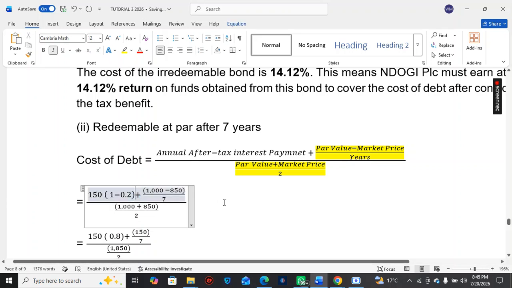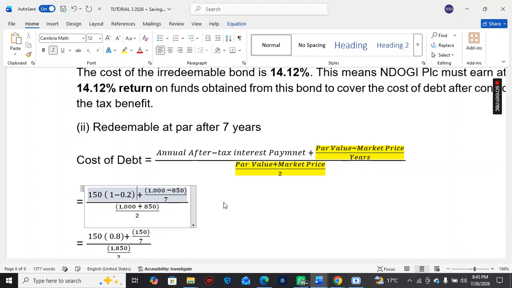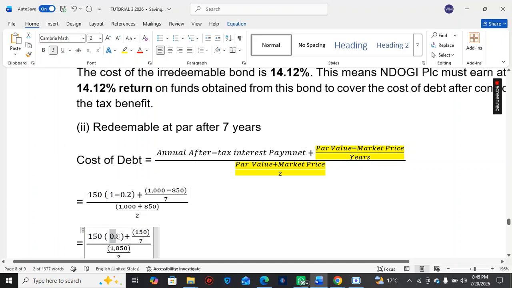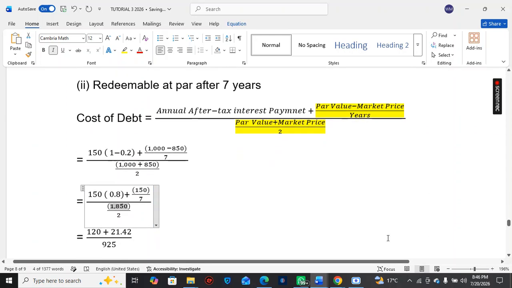Then order of operations. Okay, colleagues, remember, you always start with the brackets. So here you do 1 minus 0.2, 0.8. 1000 minus 850, 150. 1000 plus 850, 1850, divided by 2.